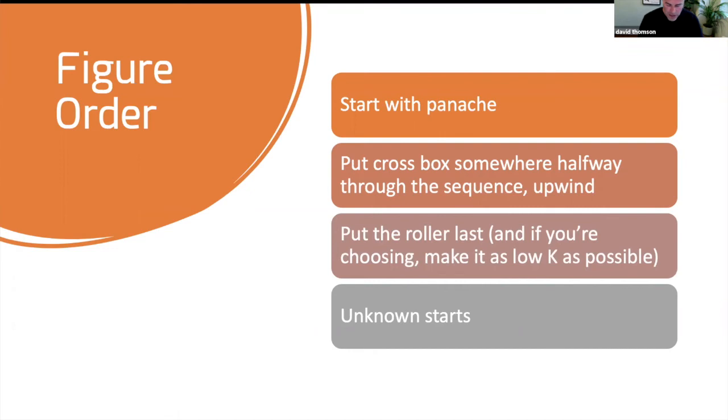The only slight caveat to that is some figures really benefit from not having had a figure before them, i.e. you want them to be the first figure. So for example, an octagonal loop is a really good example of that, where you've really got to be on it.